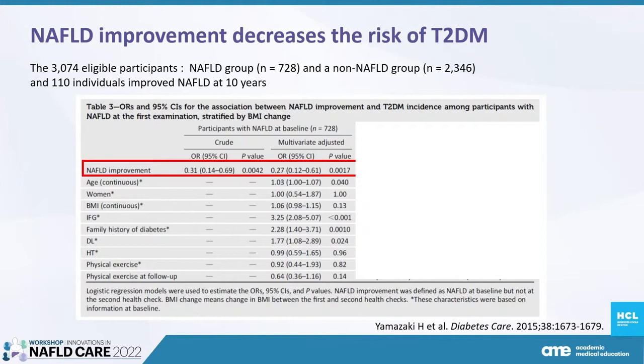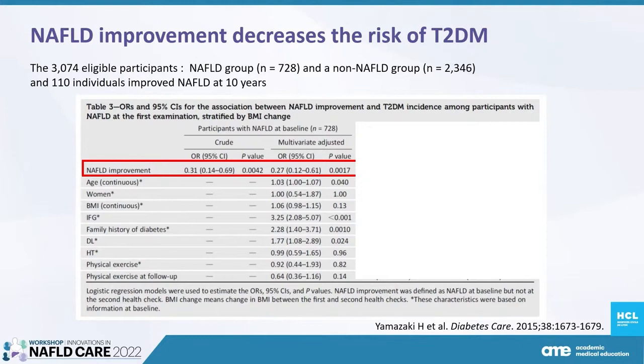This has been assessed using ultrasound again, so not the most accurate technique, but still you see that the patients that improved NAFLD based on this ultrasound assessment had a strong and significant reduction in risk of incidence of type 2 diabetes, and this remains significant even in a multivariable adjusted model.